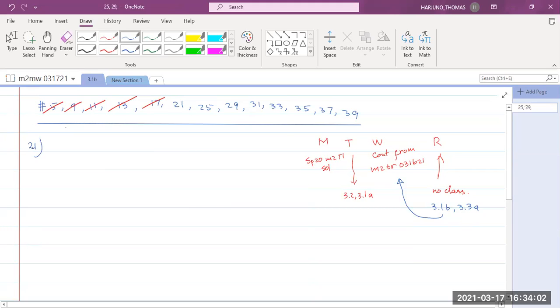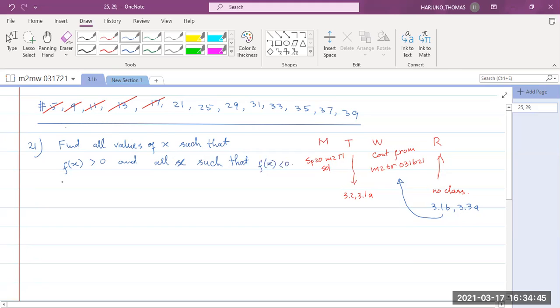Number 21 from 3.1. The question is: find all values of x such that f(x) is greater than 0, and all x such that f(x) is less than 0.